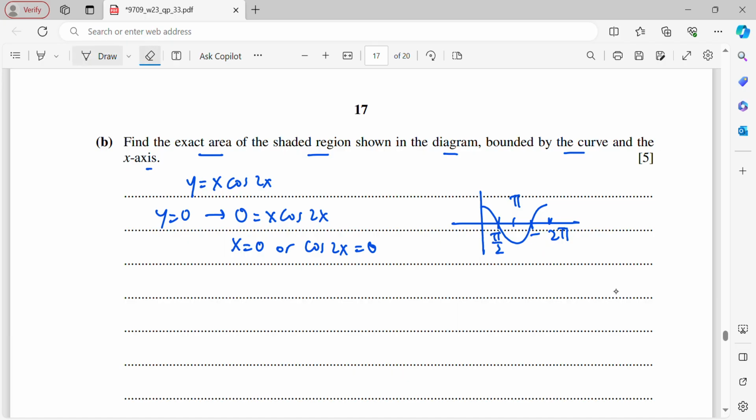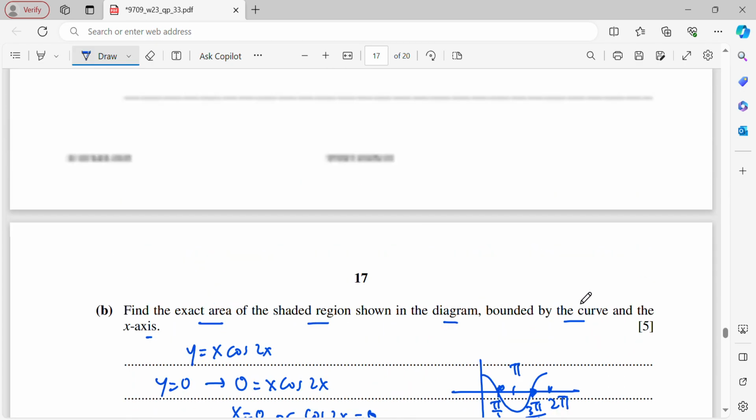The cos graph will be 0 at pi over 2 and 3 pi over 2. So here I will write 2x is between pi over 2 and 3 pi over 2. Then 2x equals half pi and 3 pi over 2. That means x will be pi over 4 and also 3 pi over 4.